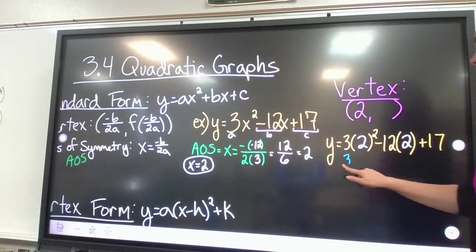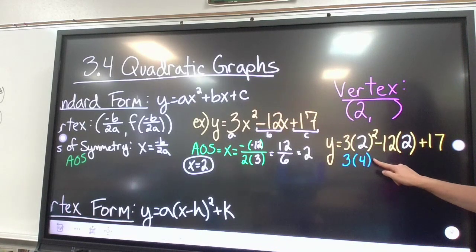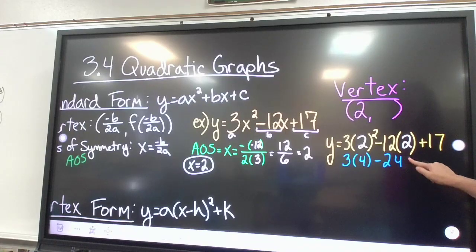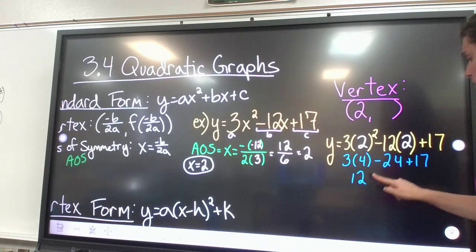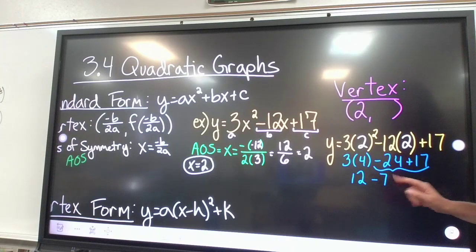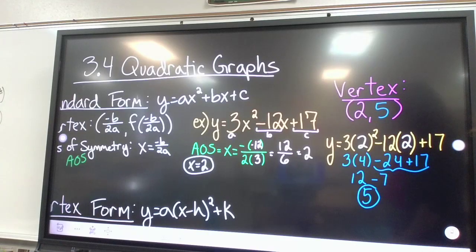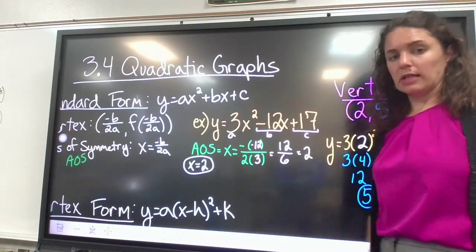So we're going to get 3 times 4 minus 24 plus 17. So 12 minus 24 is negative 12, plus 17, we're going to get 5. So my vertex is going to be 2, 5. Axis of symmetry is at 2.